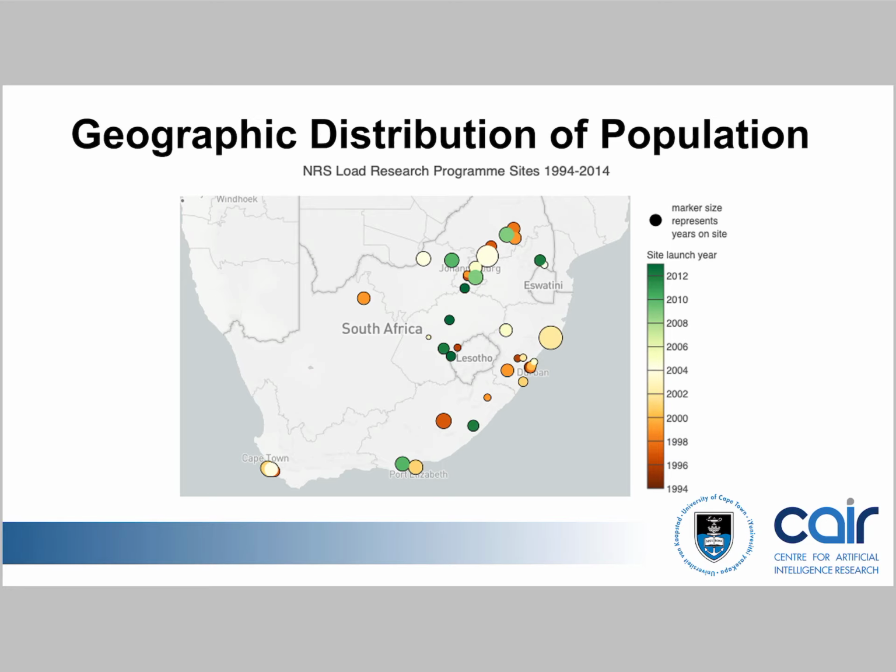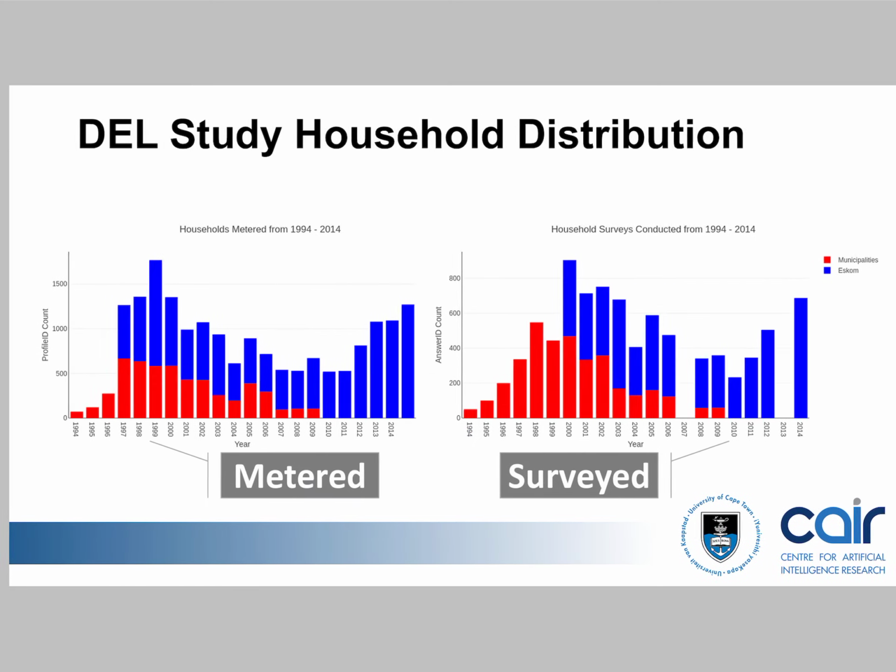So, as you can see, care was taken to collect household energy consumption data from east to west, north to south, rural, urban, all across South Africa. Over a 20-year time span, which is really unique as far as access to data that can give insights of energy consumption is concerned, on a global level.